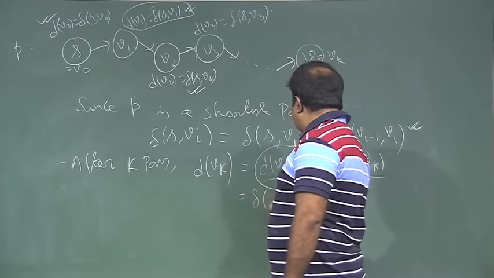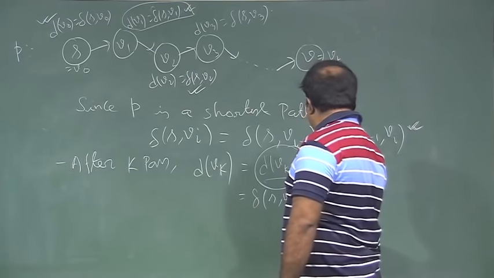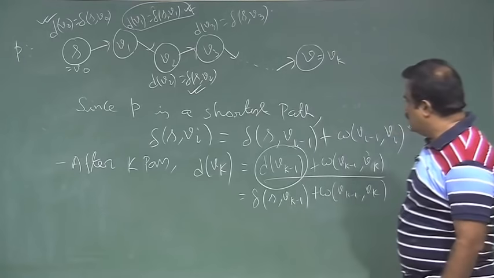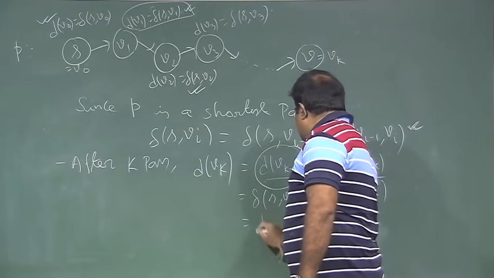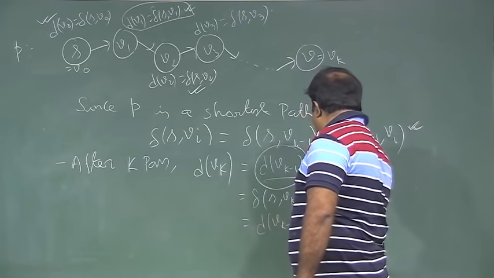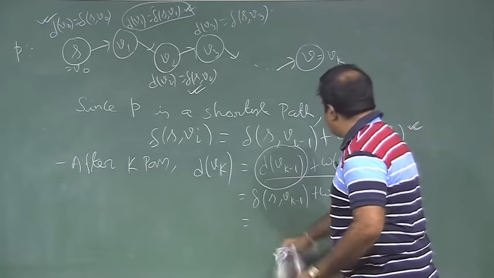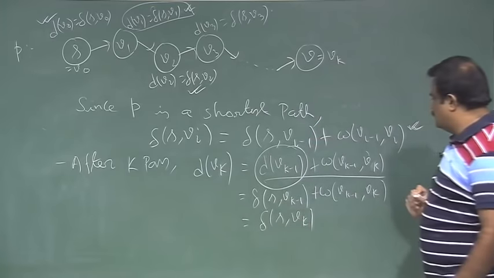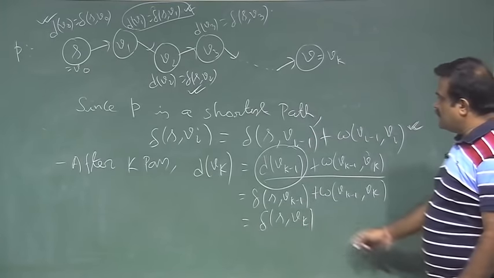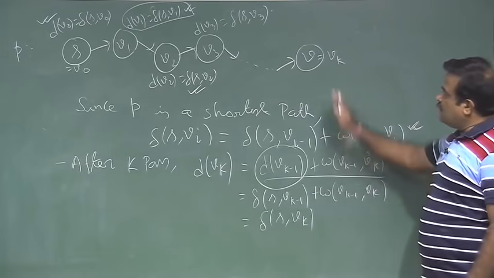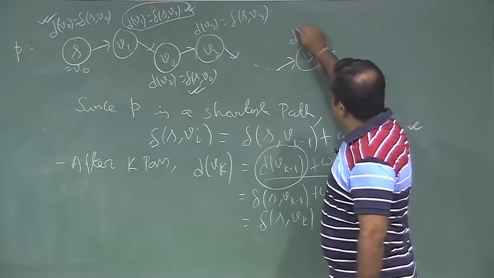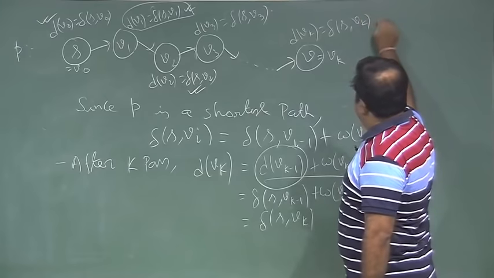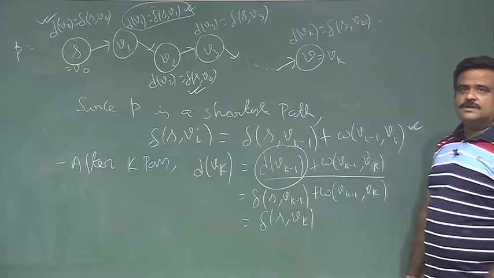This is delta of S comma Vk minus 1 plus W of Vk minus 1 comma Vk, and this is nothing but delta of S comma Vk, by this result. Okay. So this is done after the kth pass, and d of Vk is basically delta of S comma Vk. Okay. So now this is the correctness.